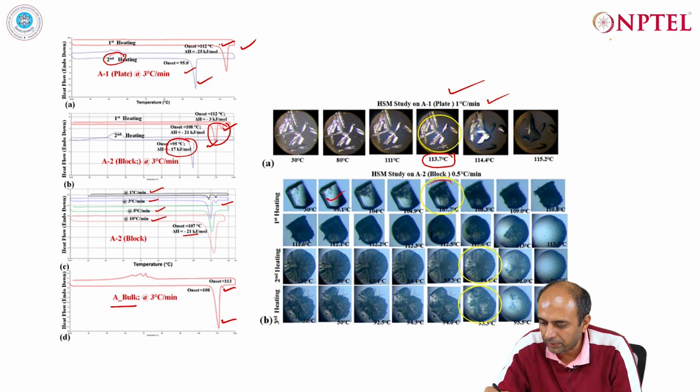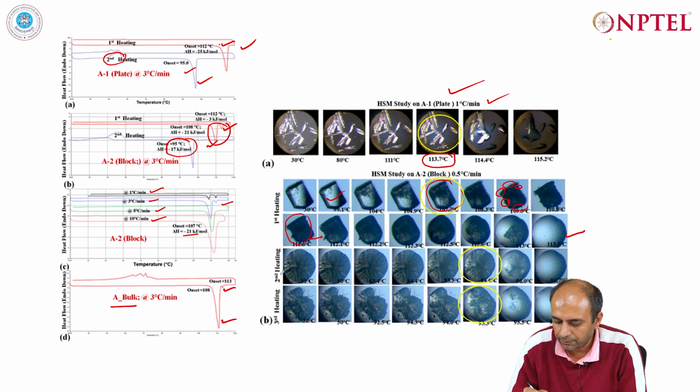Now, they start getting opaque, and then you see there is a growth of a new phase at the expense of the block phase, and this is essentially the new plate phase which is being formed. And now you see that it has completely converted into the plate phase, and then it melts at around 112. As we continue the temperature, it has completely melted at 113.